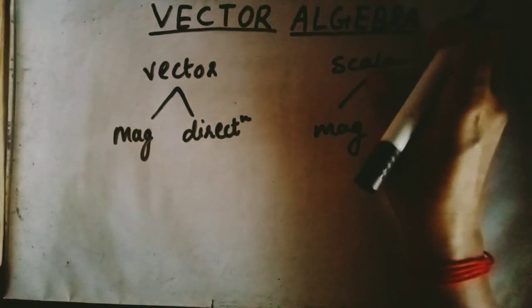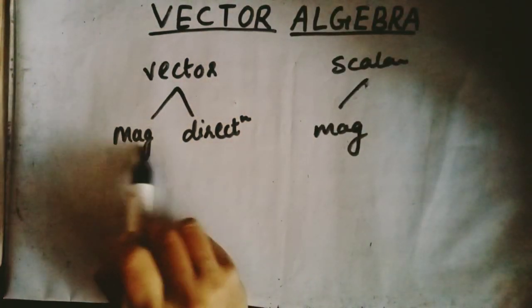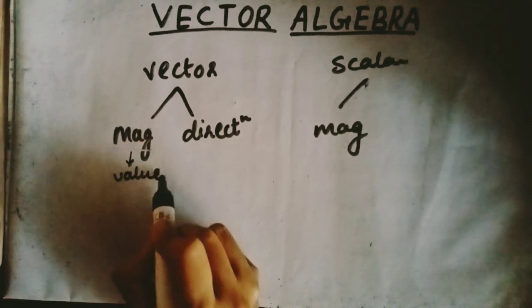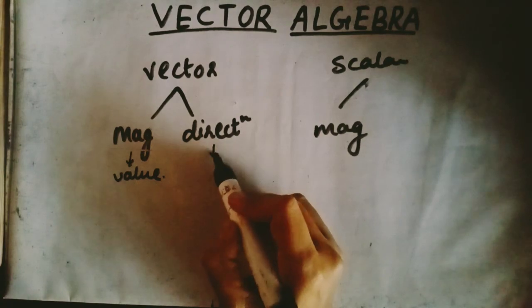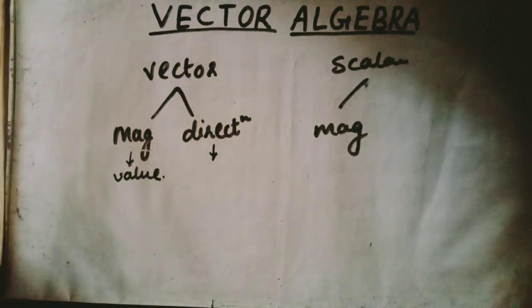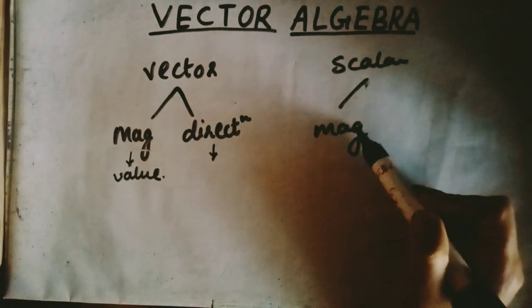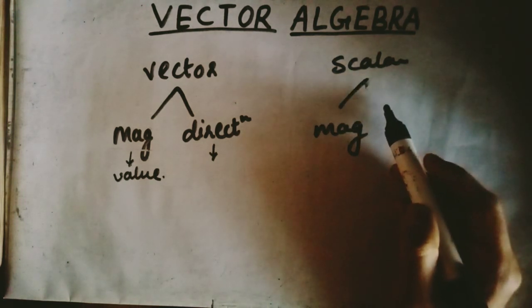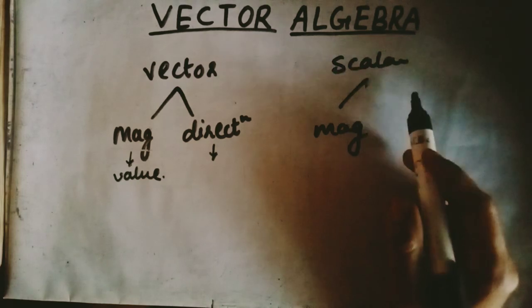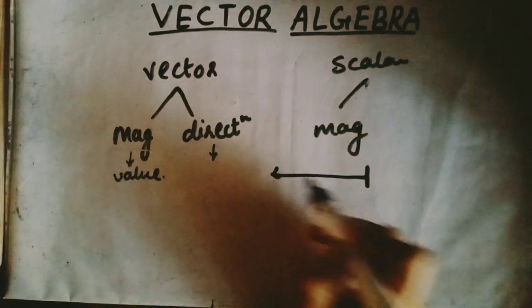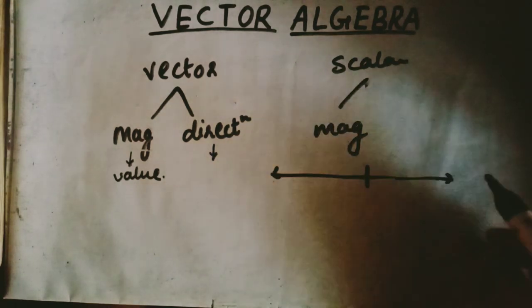Magnitude means the value of that quantity, and direction is positive or negative. For scalar, you can take the example of distance. If we measure from this to this and also from this to this, it will be the same.